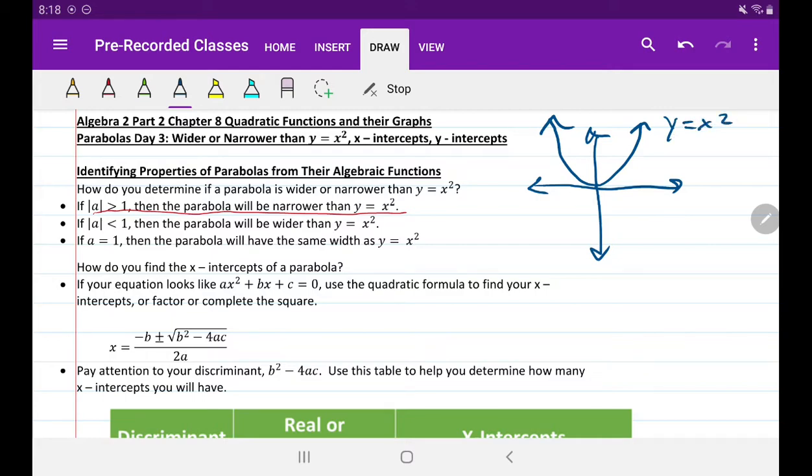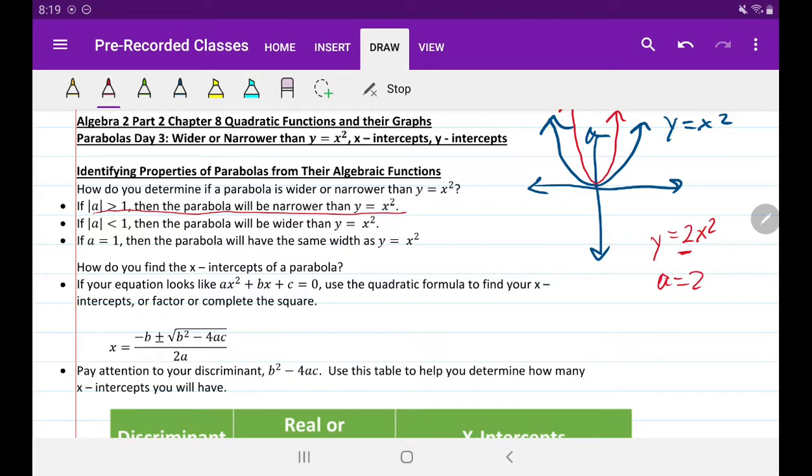If my a term is greater than 1, so let's say I plot the parabola y equals 2x squared, here my a term is 2. That will be narrower than y equals x squared, so if I graph it, it would sit right inside of the original parabola y equals x squared.